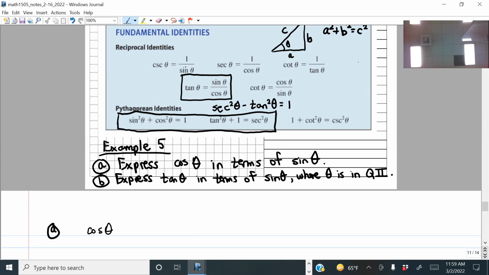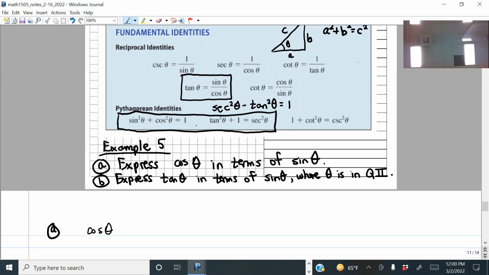Cosecant is the reciprocal of the sine, secant is the reciprocal of the cosine, cotangent is the reciprocal of the tangent. Likewise, cotangent is cosine divided by sine. But that's not as useful as remembering that tangent is sine over cosine. This one you can easily reproduce because the cotangent is the reciprocal of the tangent, so whatever the tangent is, you flip that and that will give you the cotangent.